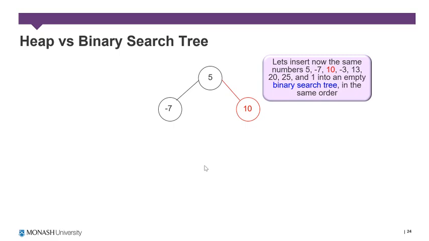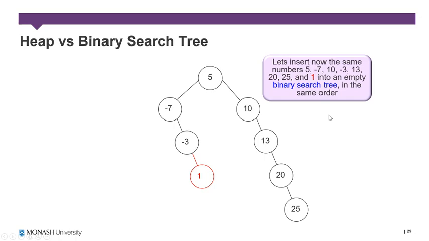So -3 would go left, but then it would have to go right because it's greater than -7. What about 13? Well, 13 will go right and right. What about 20? Well, 20 again will be a new maximum, and then 25 would be the new maximum, so it would just go down the right side, and 1 should go left, right, and then right again. So it would go into that position.